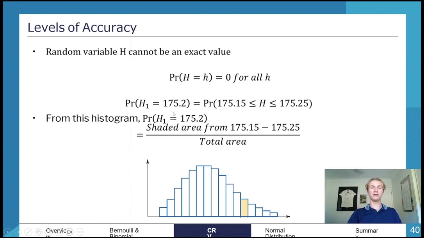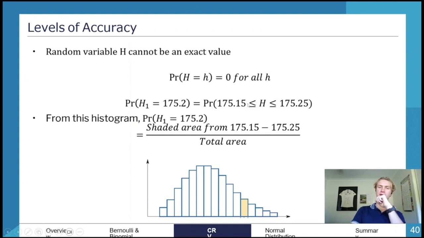So, for example, if I asked about a person with a height of 175.2, measured to the millimeter, that's equal to the probability that they're between 175.15 and 175.25. I want you to rephrase it in terms of the probability that the height is between 175.15 and 175.25.